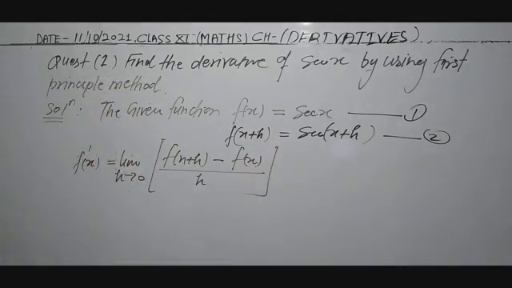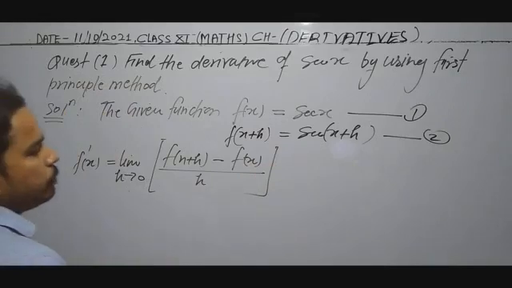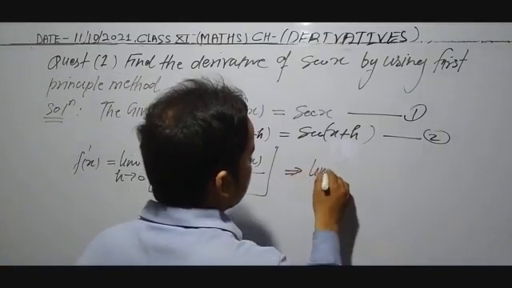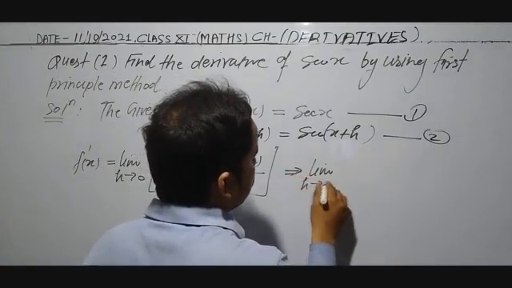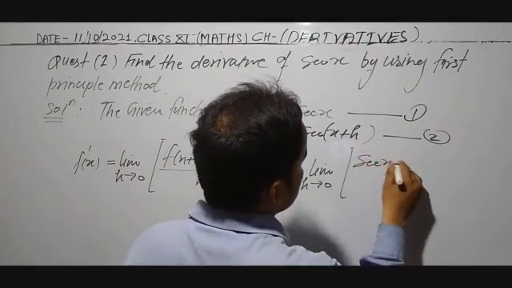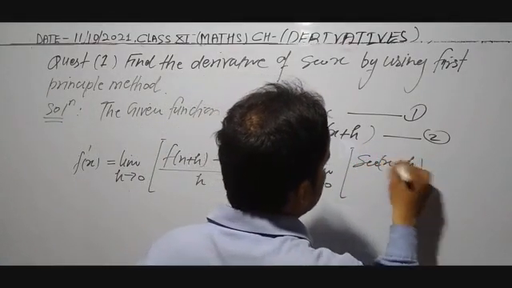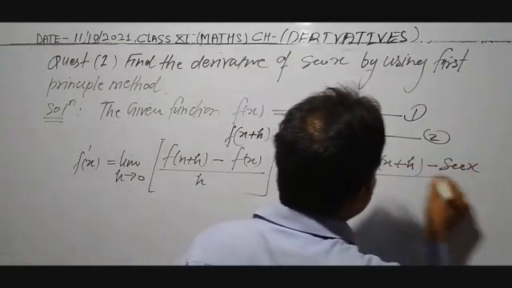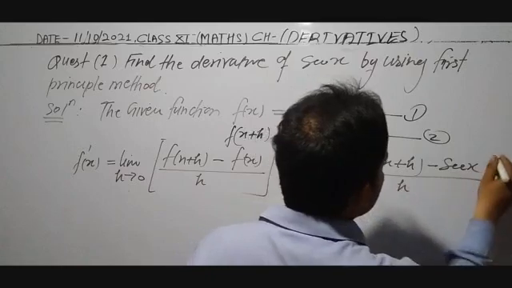This is the formula. Now we have to put its value. So the expression result will be limit h tends to 0, sec of x plus h minus sec x whole upon h.